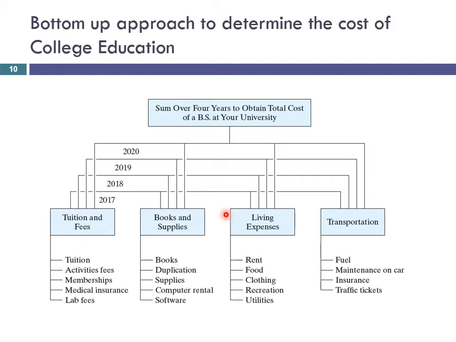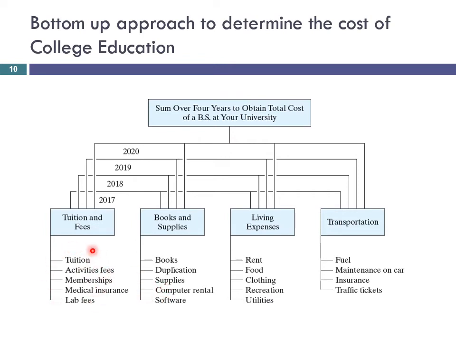But in the bottom-up approach, we don't use these values, but we break down all the associated costs into subcategories, into smaller manageable units.